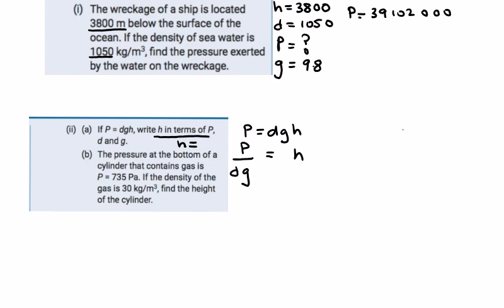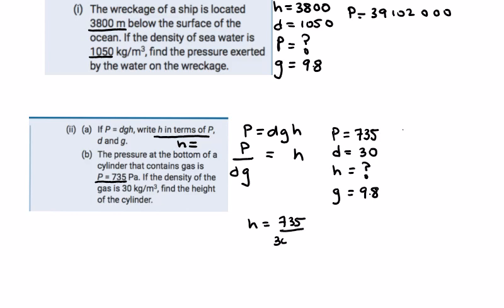And then the pressure at the bottom of a cylinder that contains gas, we're told P is equal to 735. Density, D is equal to 30. We want H, and we have G. So H is equal to P, 735, divided by D times G, 30 by 9.8, which is equal to 2.5, and this is in meters.